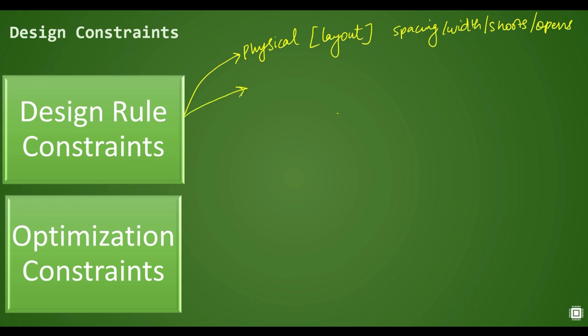There is a timing team which takes care of logical DRCs. So logical constraints are specified in the design rule constraints specification file. Logical constraints are something like, you can say, max cap. Max cap is the maximum capacitance that a driver can drive.